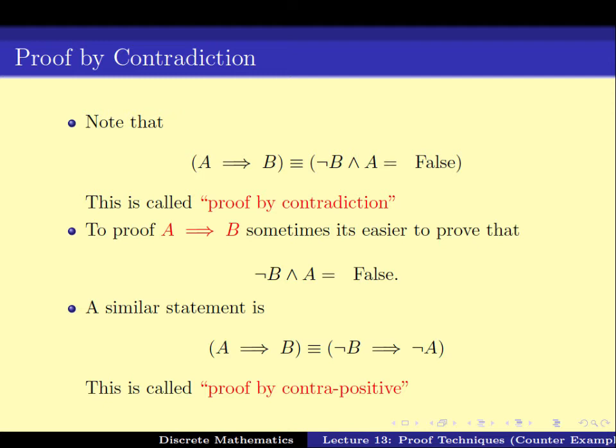A very similar technique is what is known as proof by contrapositive. There, the idea is that proving A implies B is the same as proving not B implies not A. And sometimes proving not B implies not A can be easier.